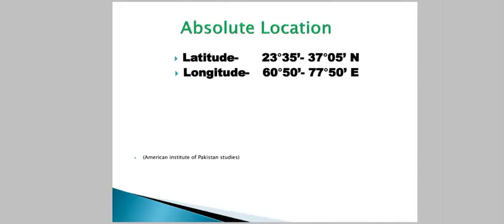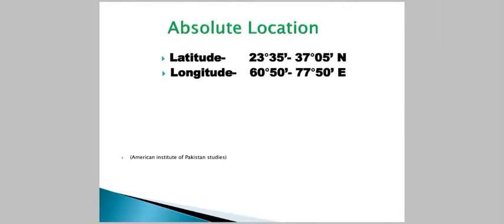So, the absolute location of Pakistan: if we describe the latitudes, the area of Pakistan starts from 23 degrees and 35 minutes north, and it extends till 37 degrees and 5 minutes north.